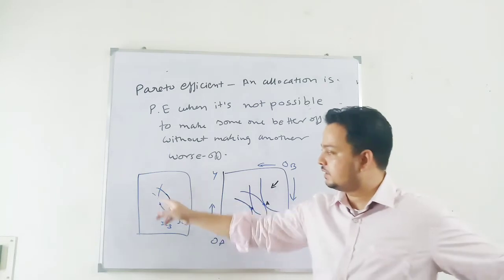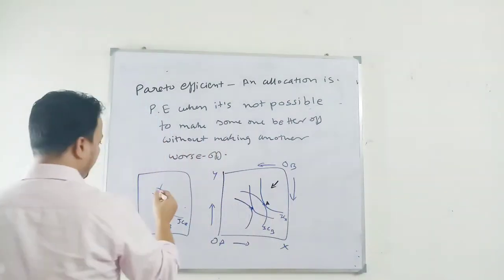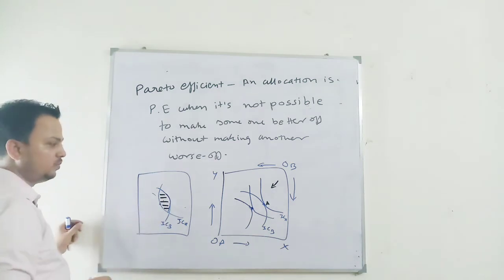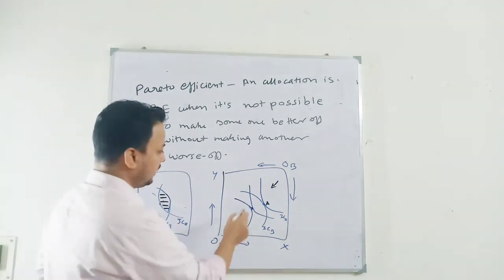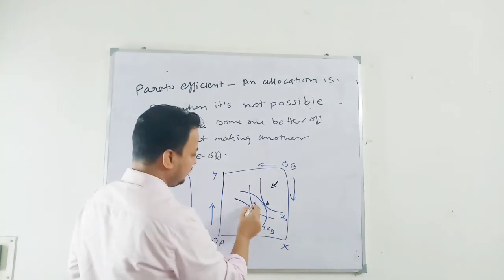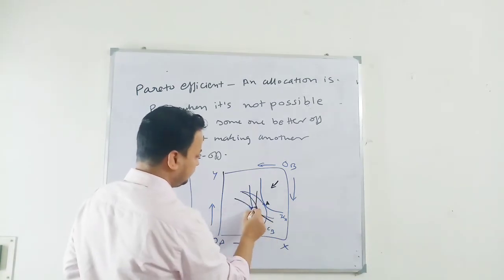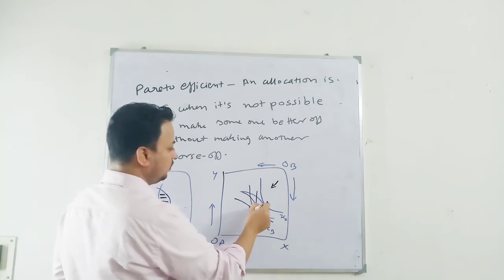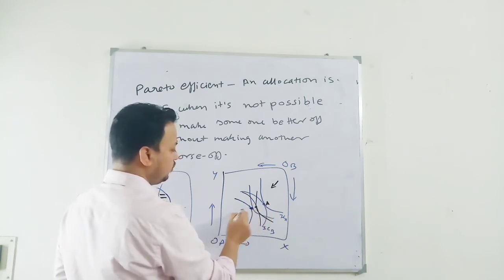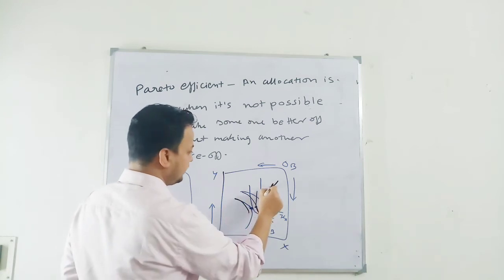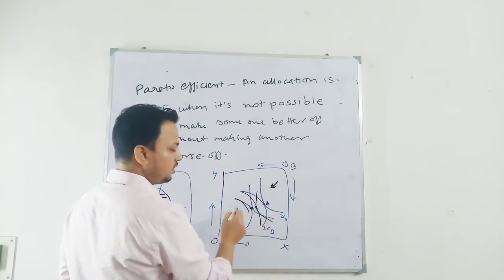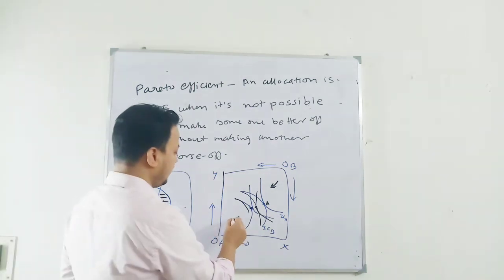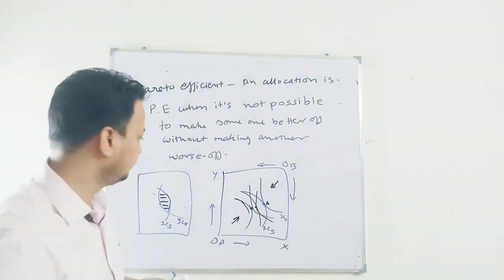But when you have a lens shape between two indifference curves, a Pareto improvement is possible. In between these two, you can have an indifference curve like this, so both can be better off here. But this position is good for A. This position is good for B, because this direction represents a higher indifference curve for consumer B, and this represents a higher indifference curve for consumer A.